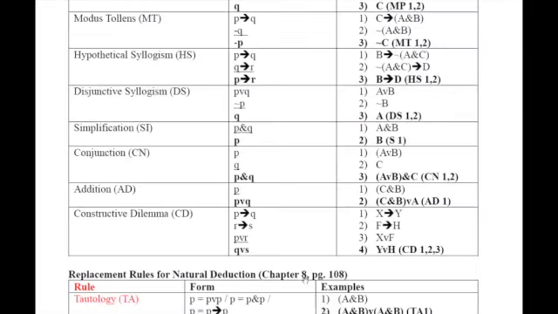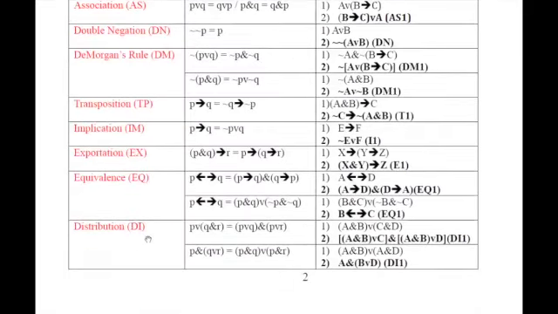It's distribution. The conclusion is Y and Z or Y and A. What's the abbreviation for distribution? It is DI.